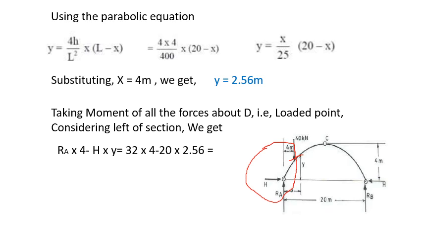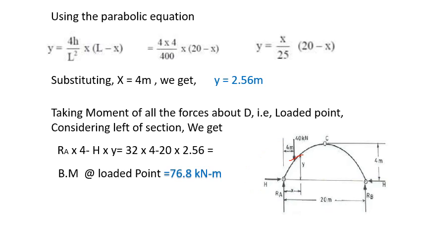RA into 4, H horizontal force is producing hogging moment, minus H into y. Okay, so RA is 32, substituting that, 32 into 4 minus 20, H is 20 kilonewton, y is 2.56, we get bending moment at the loaded point as 76.8 kilonewton meter.